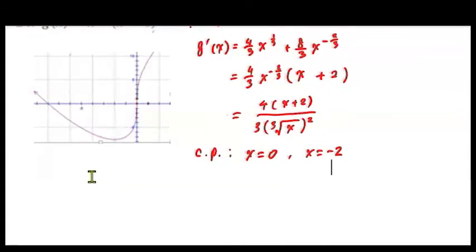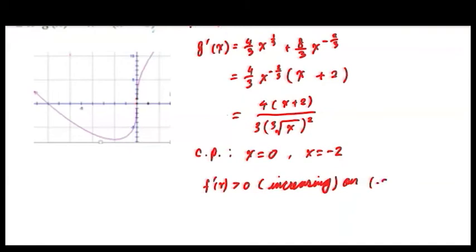Okay. Now, then we can say f prime of x is positive, meaning increasing, on, now we have to be careful, we still have to take 0 out, so we'll say -2 to 0 union with 0 to infinity, like that.